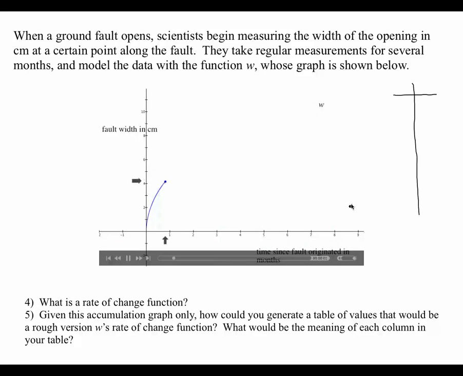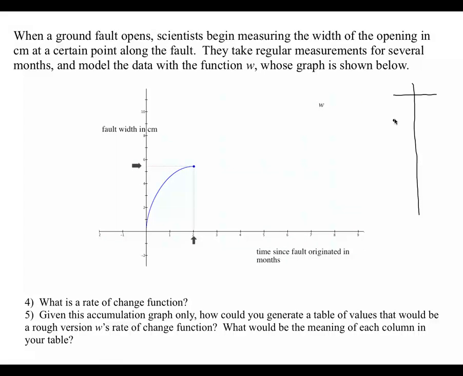X isn't a quantity. What quantity? Time since the fault originated. And what will the second column be? Given a time since the fault originated, for every time that we pick, those should be our corresponding fault width. For the rate of change function? The change in width?